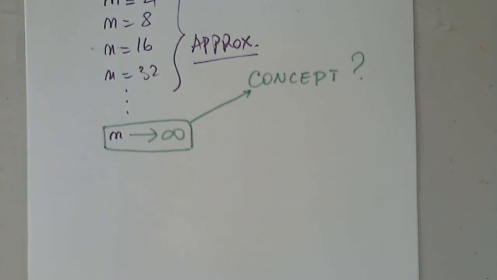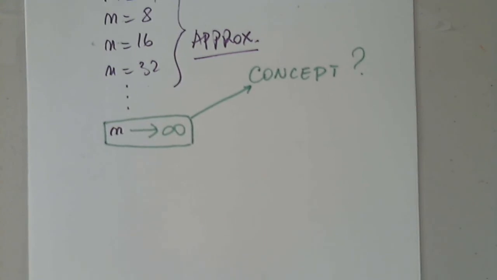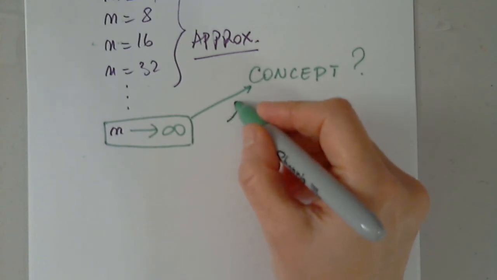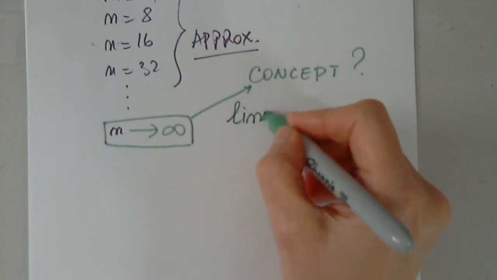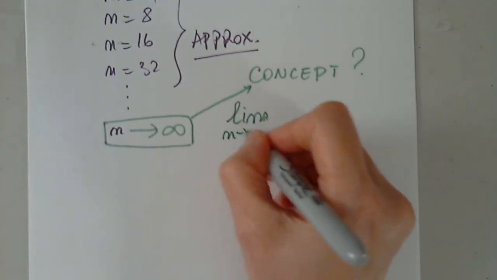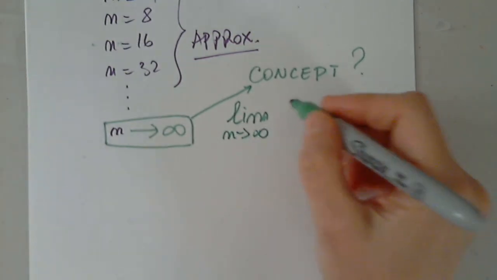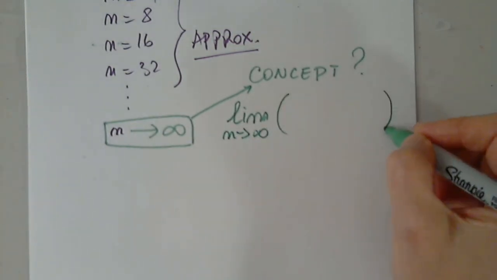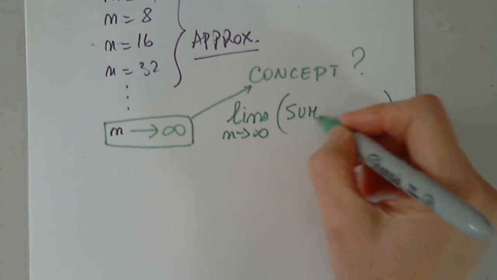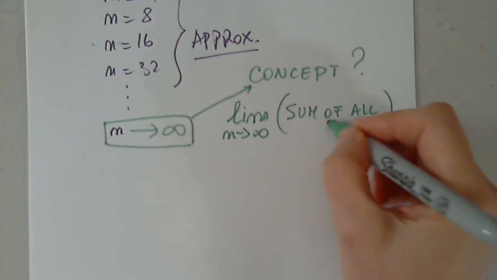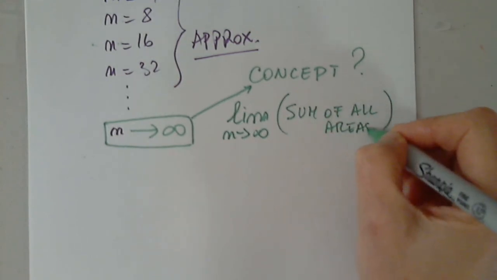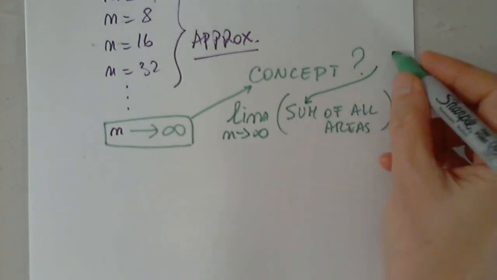Close. A major concept that we used all the time. It's called limits. Thank you. It's the limit when n approaches infinity of the sum of all areas. And now you know this keyword.